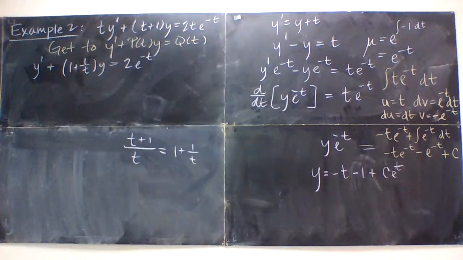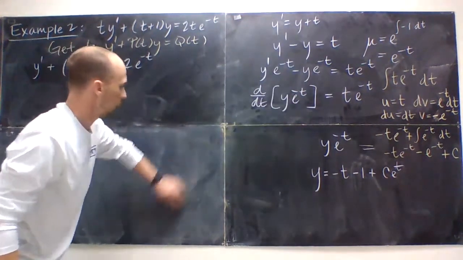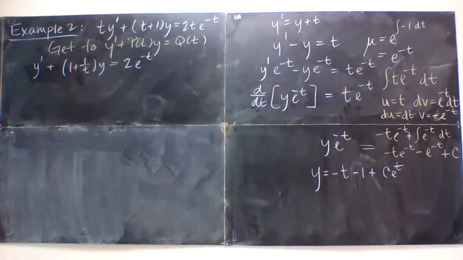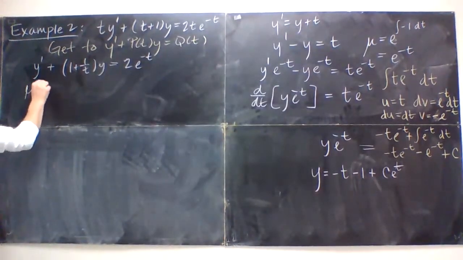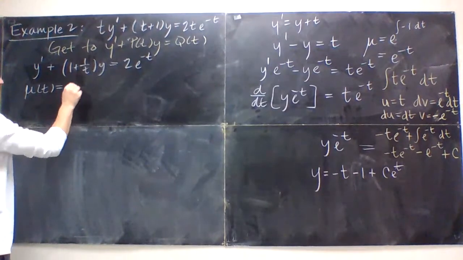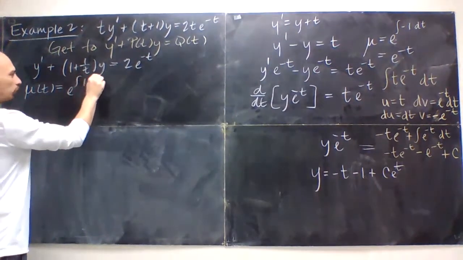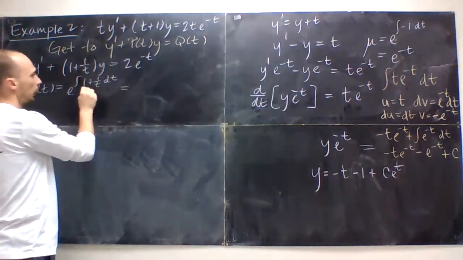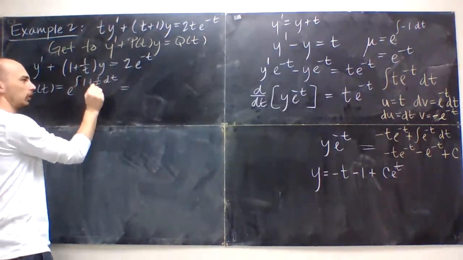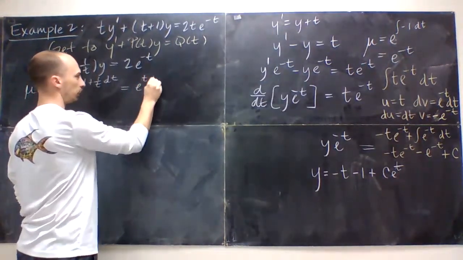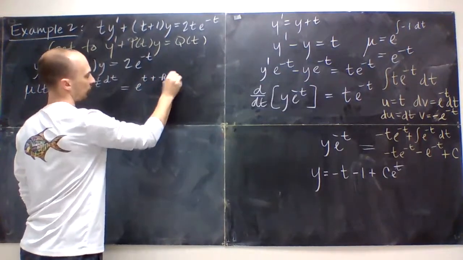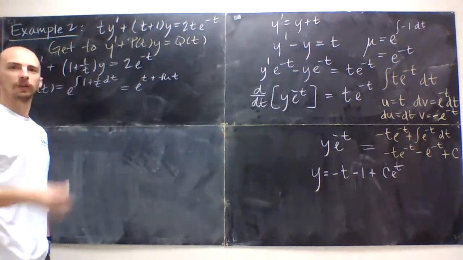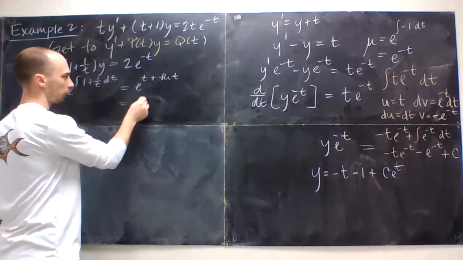Now, I know that my integrating factor is going to be mu of t equals e to the antiderivative of 1 plus 1 over t dt, which is going to be t plus log t. I'll do the algebra for you, just to remind you how this goes.